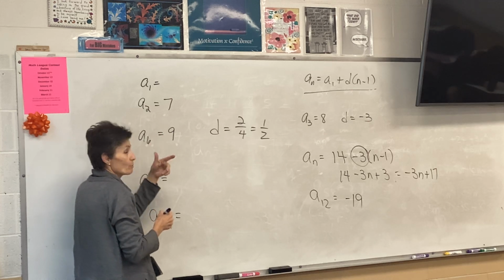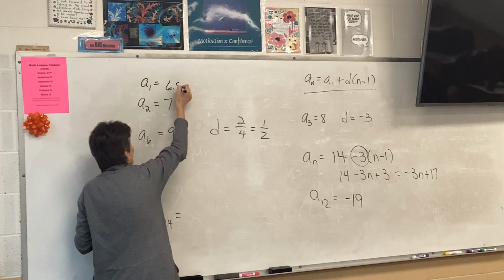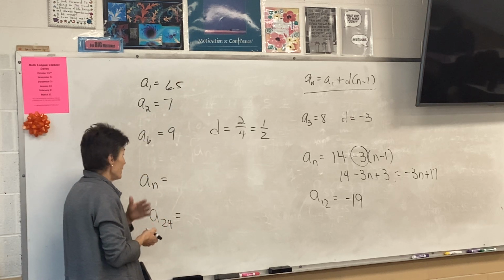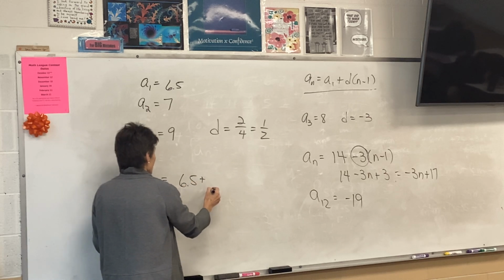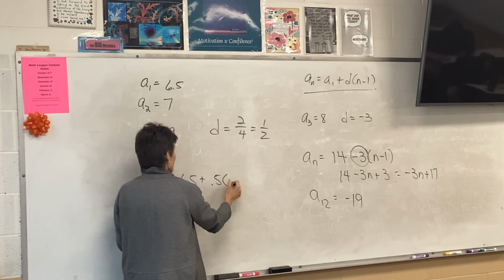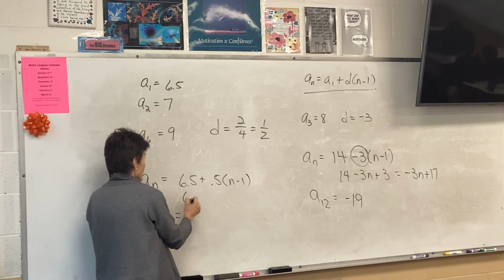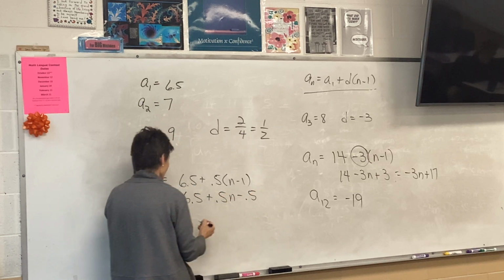So I'm just going to subtract 1/2. Yeah, 1/2. So 6.5. And then my nth term will be 6.5 plus 1/2 times n minus 1. So 6.5 plus 1/2 n minus 0.5.